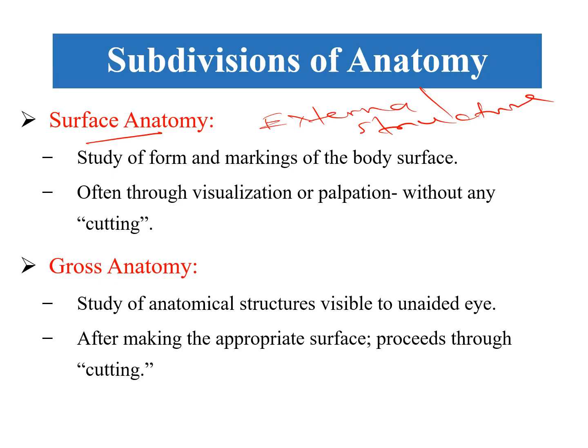So for example, you can look at bony markings or bony landmarks, bony structures that you can feel on the surface, you can visualize on the surface, you can perform palpation. Palpation means you can feel for these bony markings. For example, you can feel for artery pulses in this anatomy.